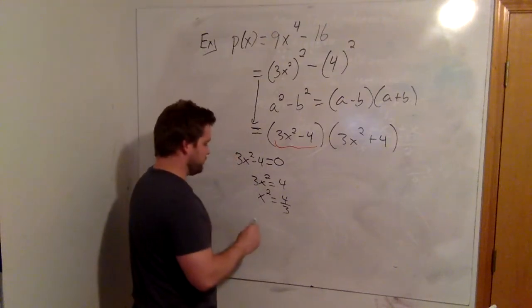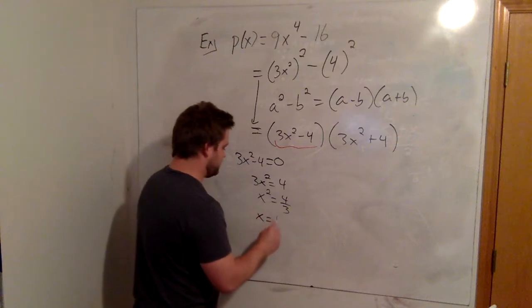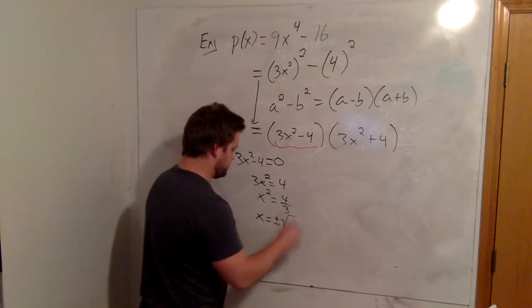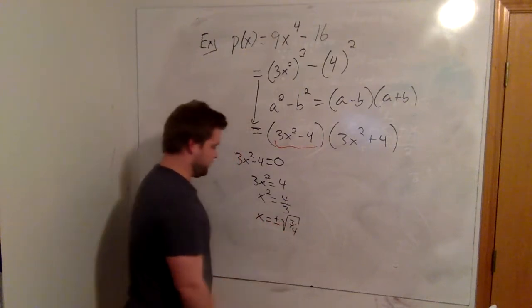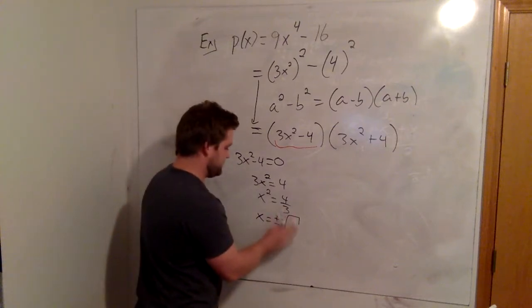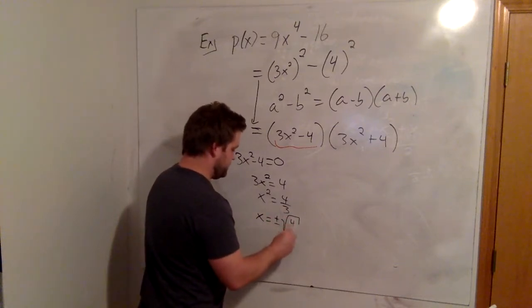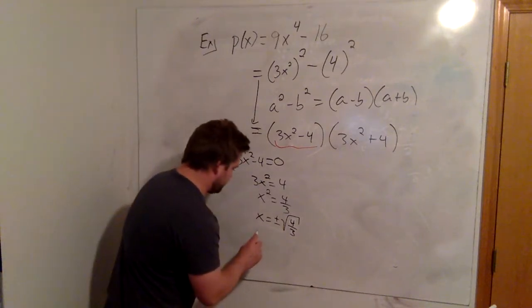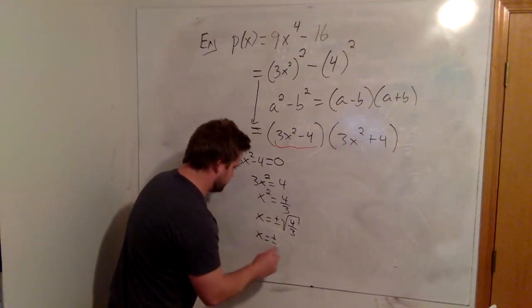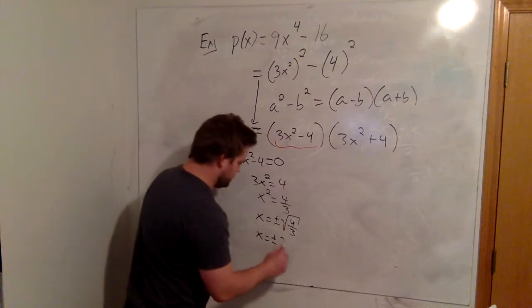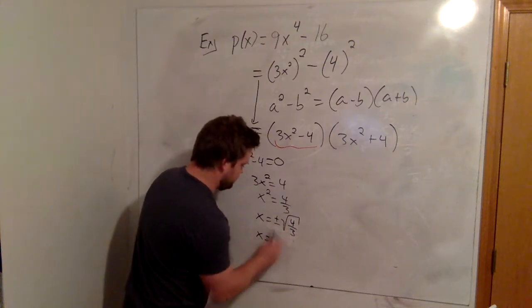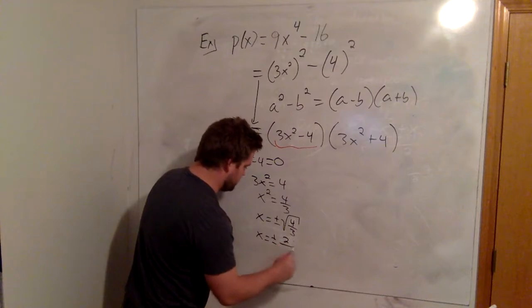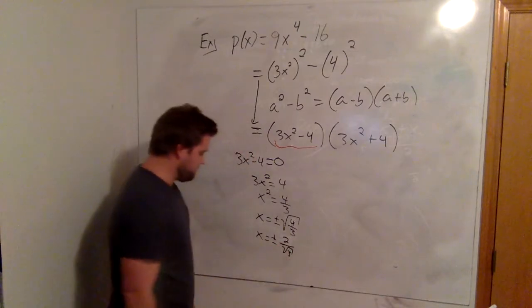So I'm going to get x is equal to the plus or minus square root of 4/3. And I'm going to clean this up a little bit. So x will equal plus or minus the square root of 4, which is 2, all over the square root of 3.